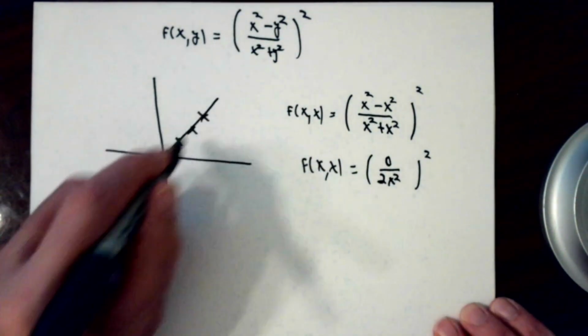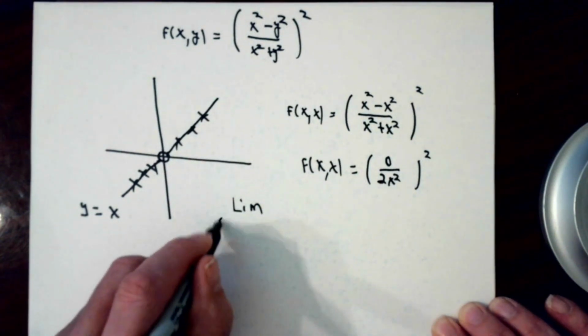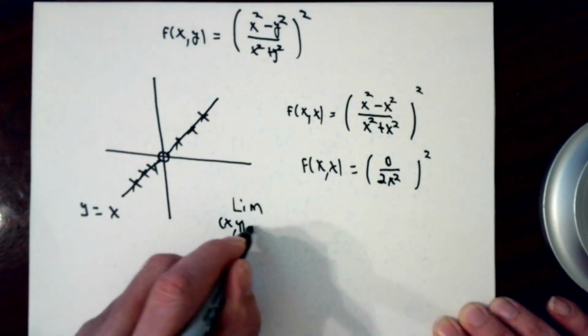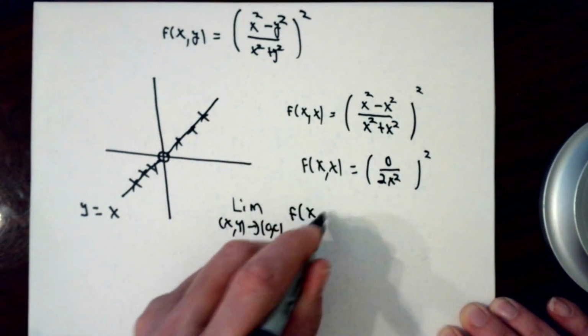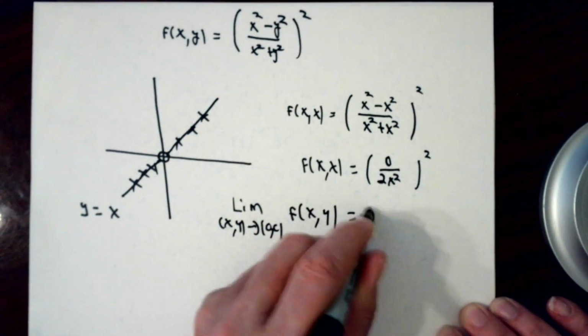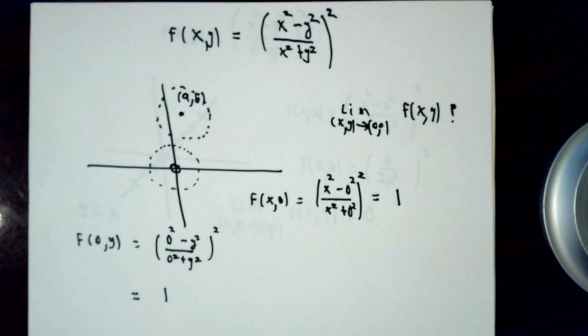So coming in along this pathway, we find that the limit as x, y approaches the origin of our function is actually equal to 0. This contradicts what we just said a moment ago.